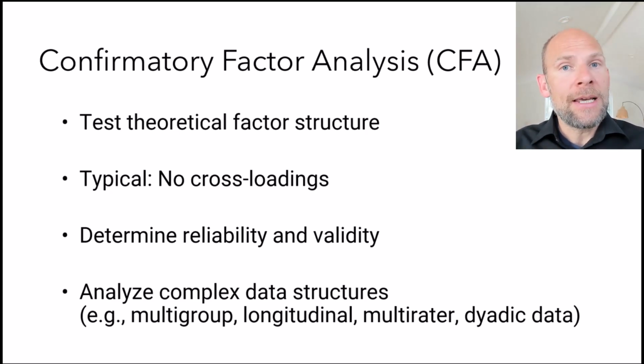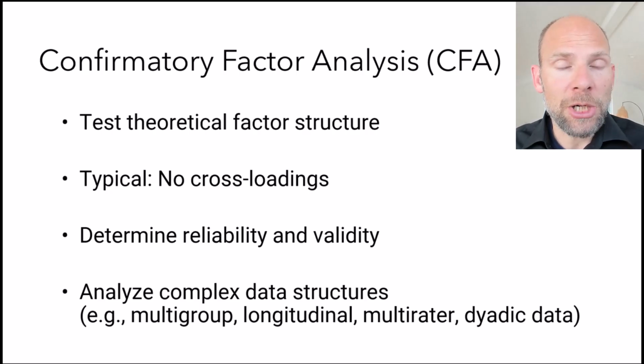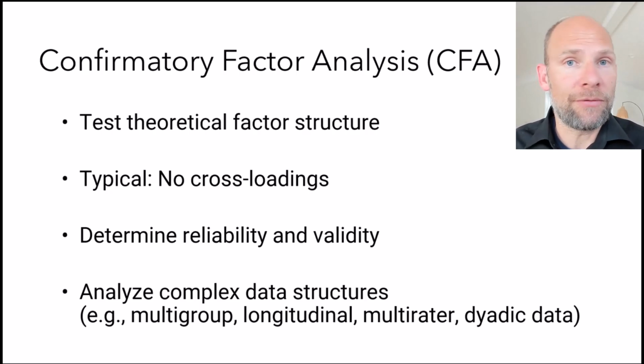So we can test nested models that hypothesize different structures, different measurement parameters, or different structural parameters in the model very easily with CFA. We can do chi-square difference tests for different models that include different types of constraints, which is not typically done with EFA.